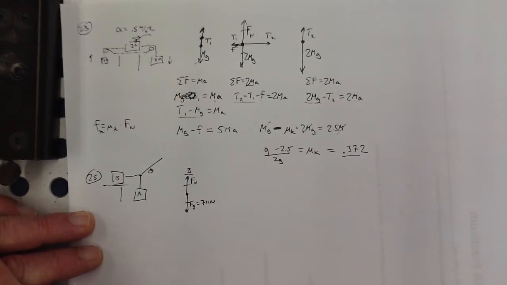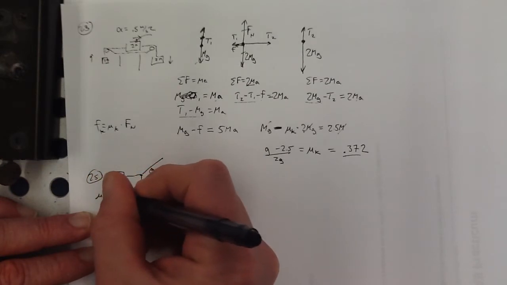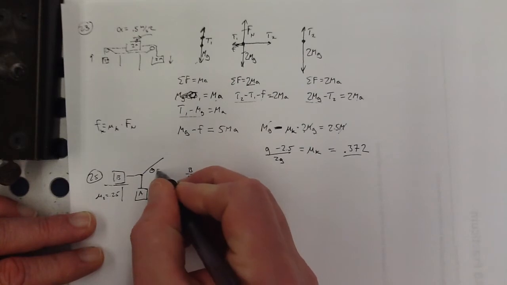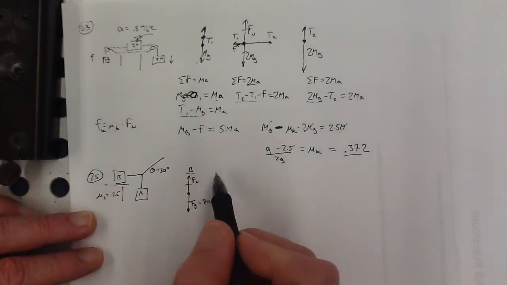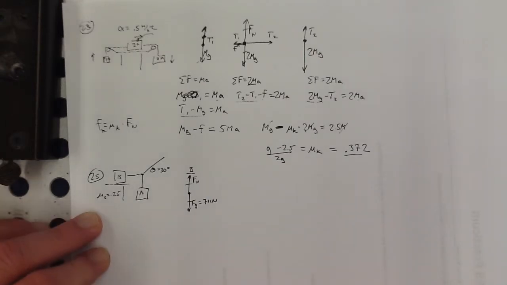And the coefficient of static friction between the block and the table is 0.25. And this angle is 30 degrees. Assume that the cord is horizontal right here. And find the maximum weight of block A for which the system will be stationary.